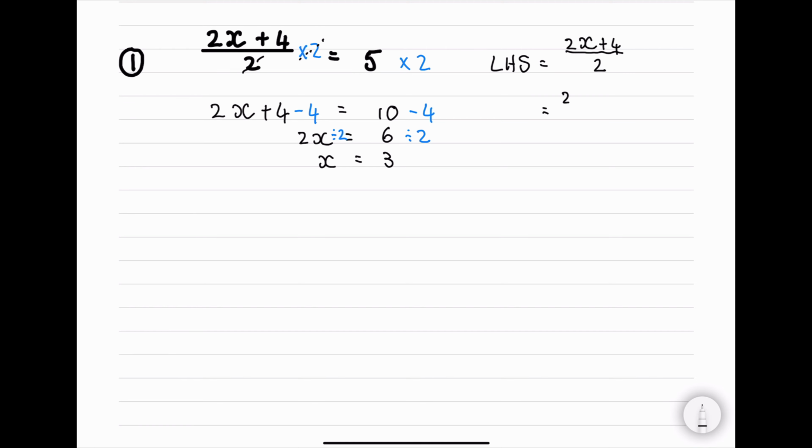So it's 2 times 3 plus 4 over 2, which is 6 plus 4 over 2, which is 10 over 2, which is equal to 5. And that is equal to the right hand side. So now you know that your calculations are correct and you know for sure.